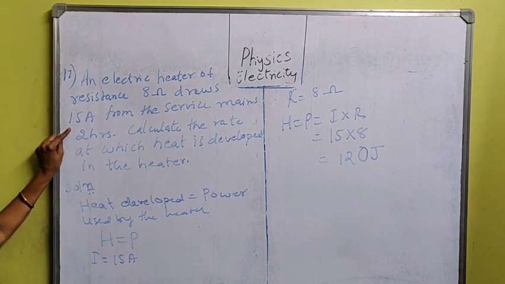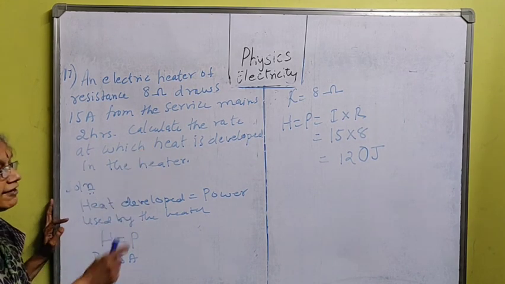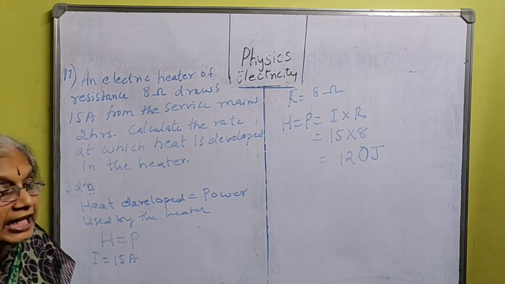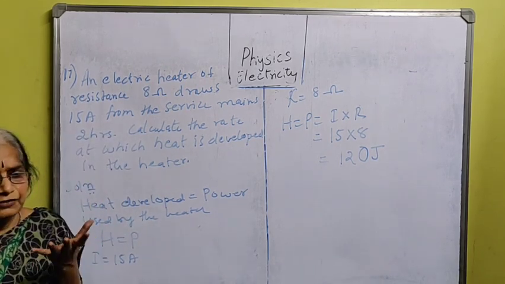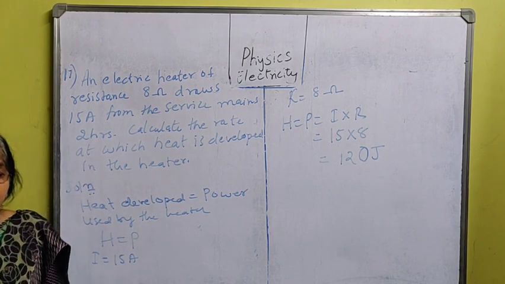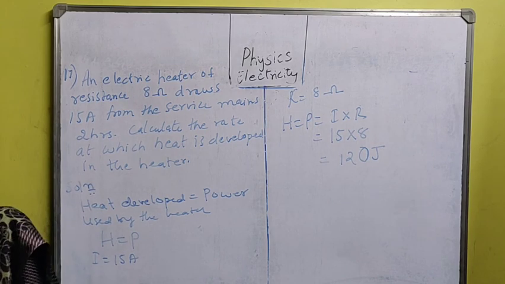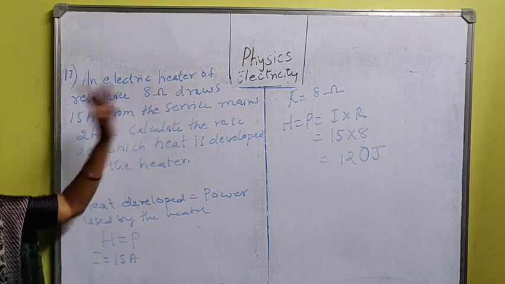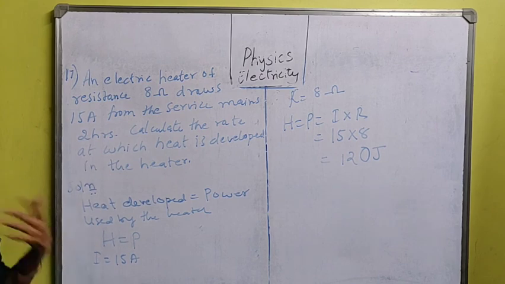So once again I will explain you what this sum says. Here how much is the heat developed? While I was explaining the heating effect of electric current, I told you whenever a device works for many hours, the electrical energy is converted to heat energy. So here also the electric heater is working. It is requiring the heat because it has to heat the water.